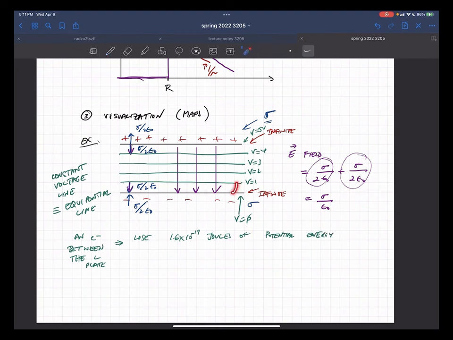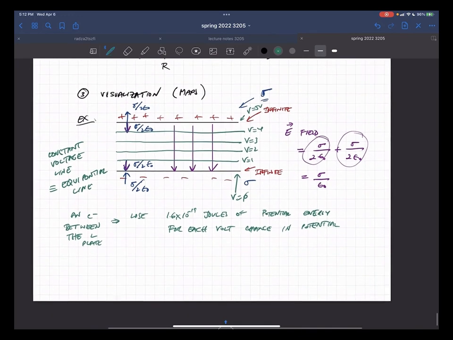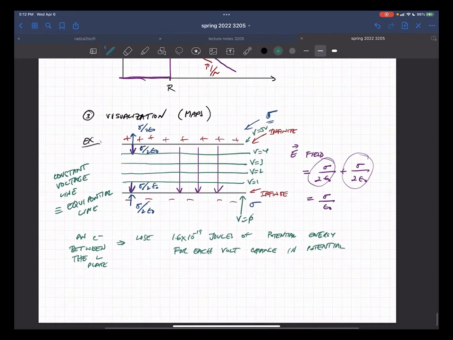For each volt change in potential that it would experience, it would pick up that much kinetic energy. Okay. And in fact, there is a definition.